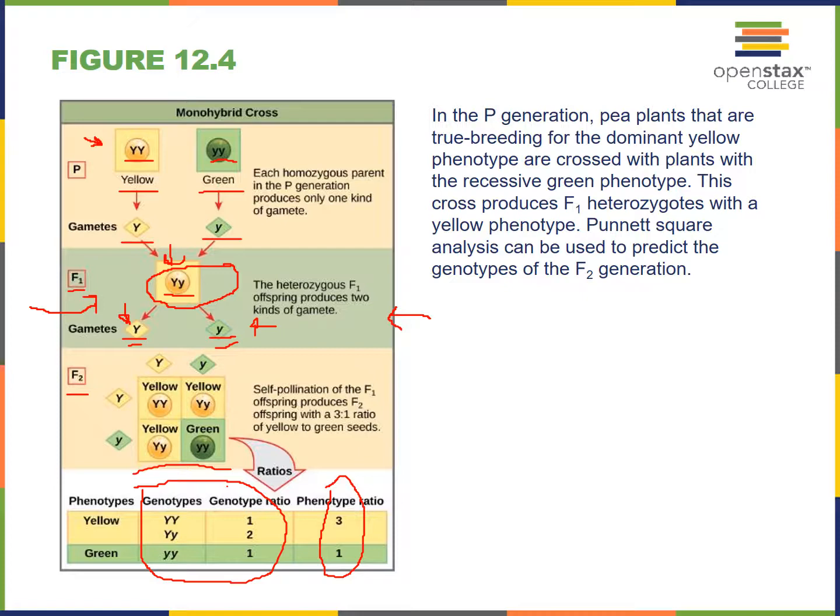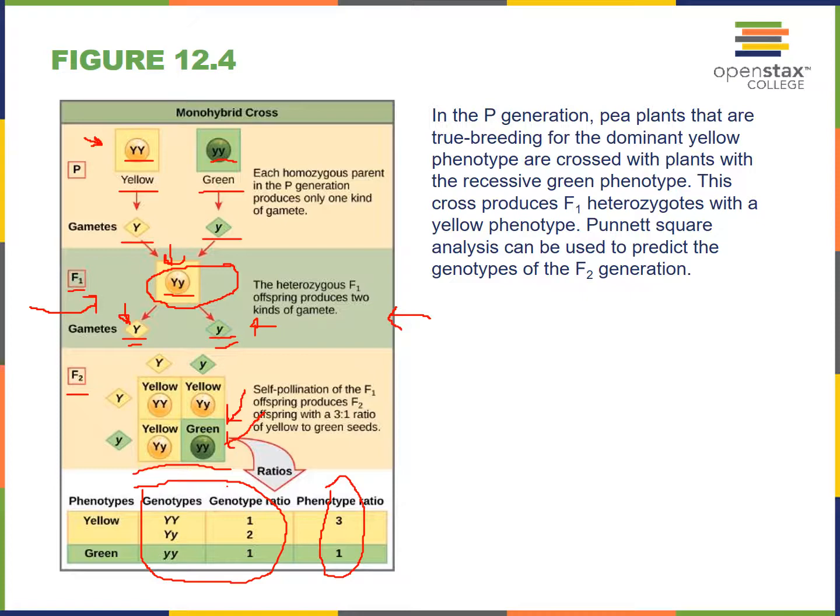In the F2 generation, he sort of shows that green colored seeds is due to a recessive allele, and that you need 2 copies of the recessive allele to see the recessive phenotype.